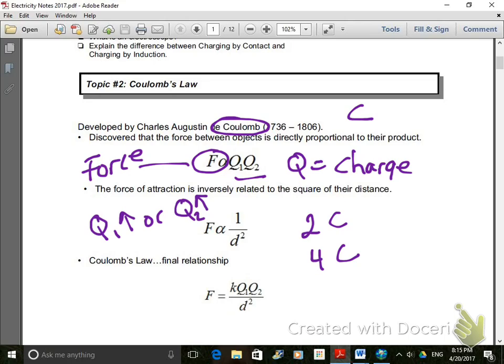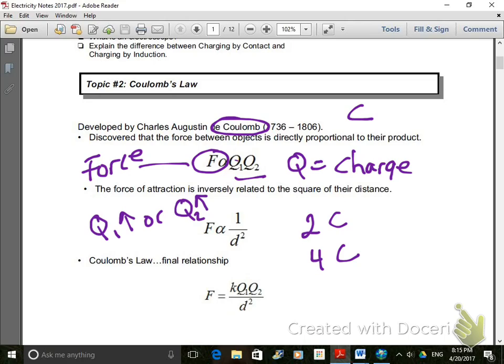So you can either change one of the charges, so either Q1 or Q2, or you can change both of those charges. In either state, if you look at that relationship, because you multiply them, then that means that it is directly proportional. So that means that as you increase the charge, you're going to increase that force of attraction or repulsion.